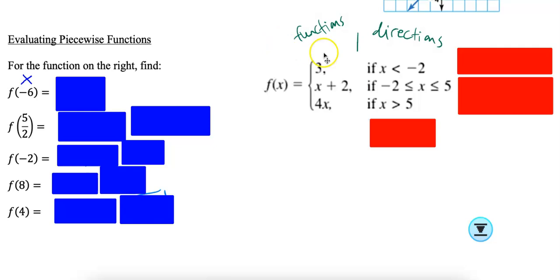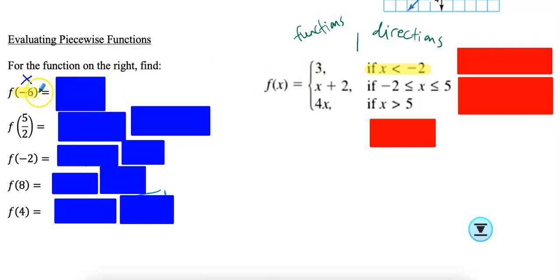So negative 6, is it less than negative 2? Is it between negative 2 and positive 5? Or is it greater than 5? So this first equation is going to be less than negative 2. So if we wanted to highlight, this function would fall into the first direction.